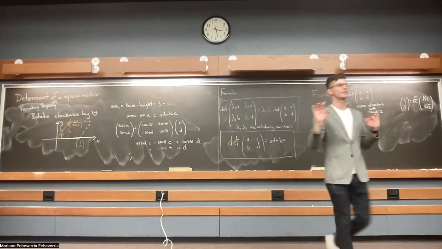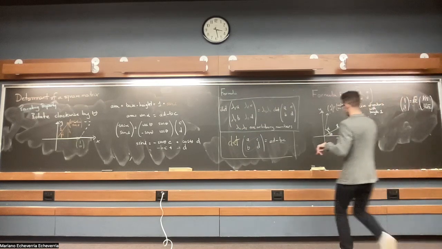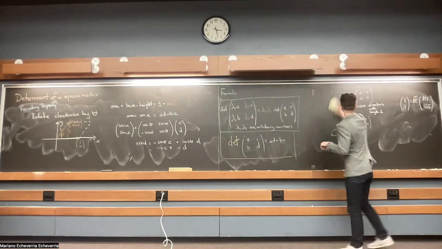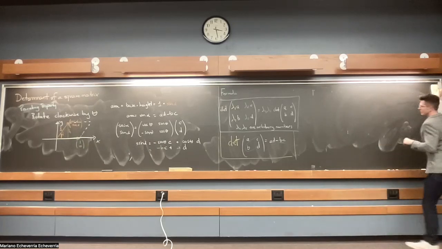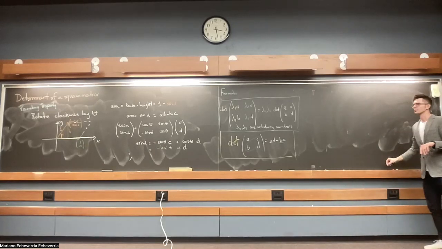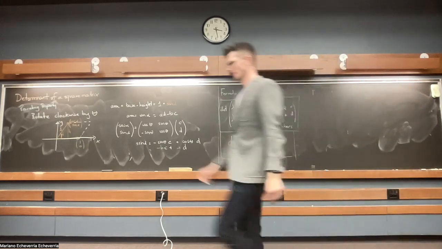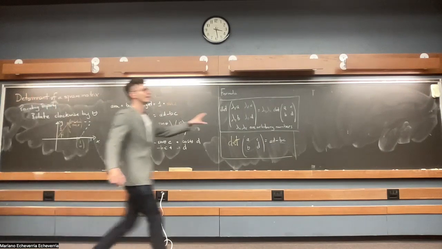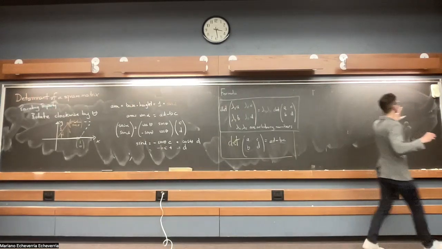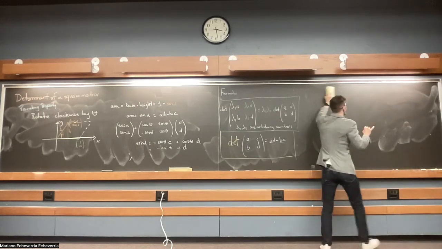So yeah, now we can start making some observations. Let me do some examples and then I'll give you some properties, right? Just quick examples, because computing the determinant of a 2 by 2 matrix is super easy. That's not a problem.